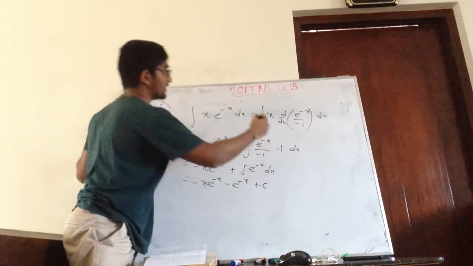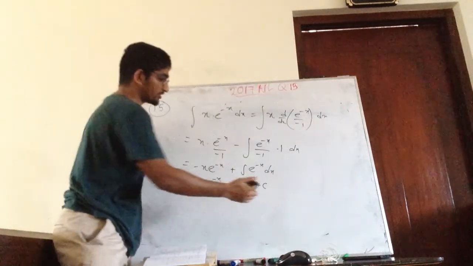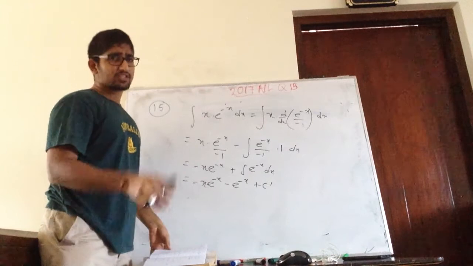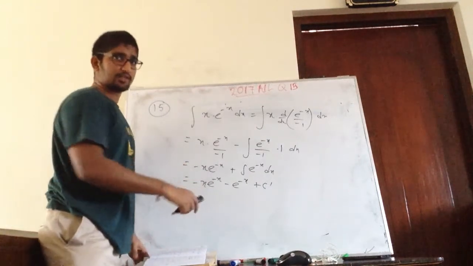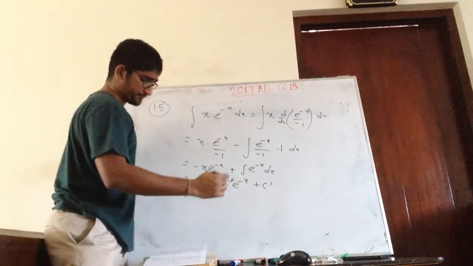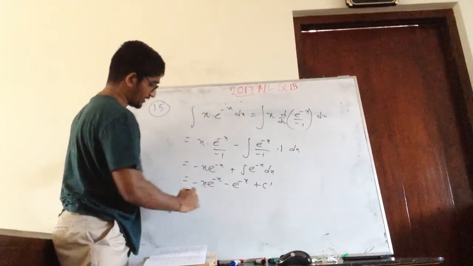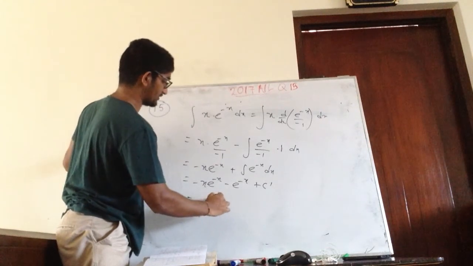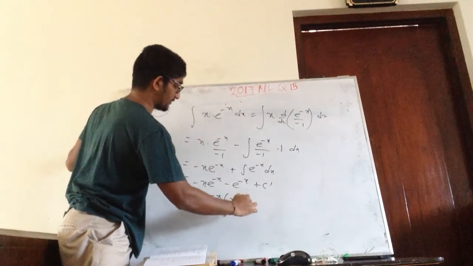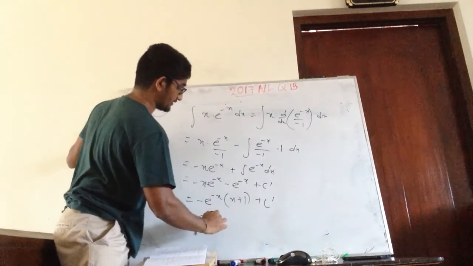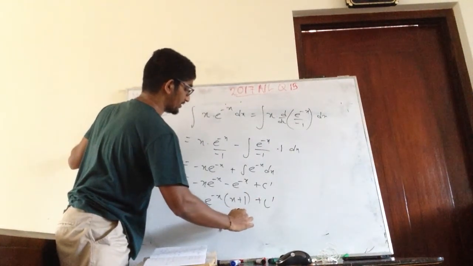Here you can put something like c dash, because we have used c before. That is not necessary, but it will be clearer. Then I am going to factor this out as well. I am going to take minus e to the minus x times x plus 1, plus c dash. Then c dash is an arbitrary constant.